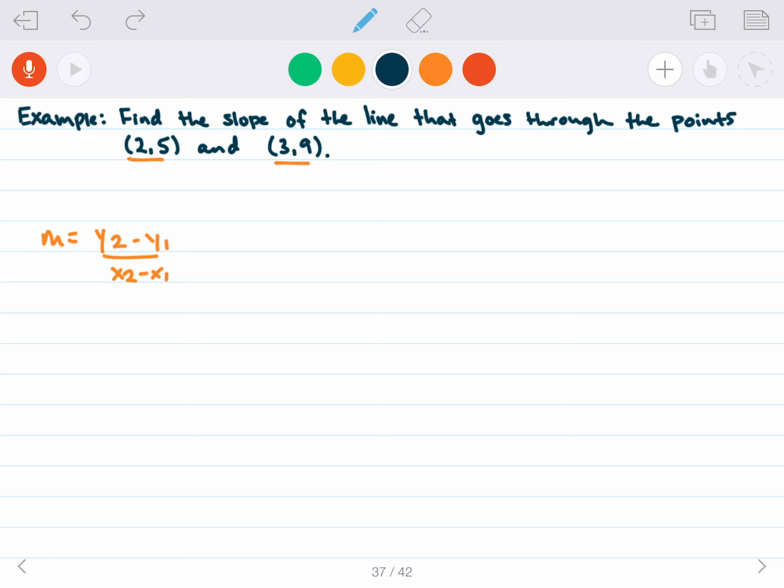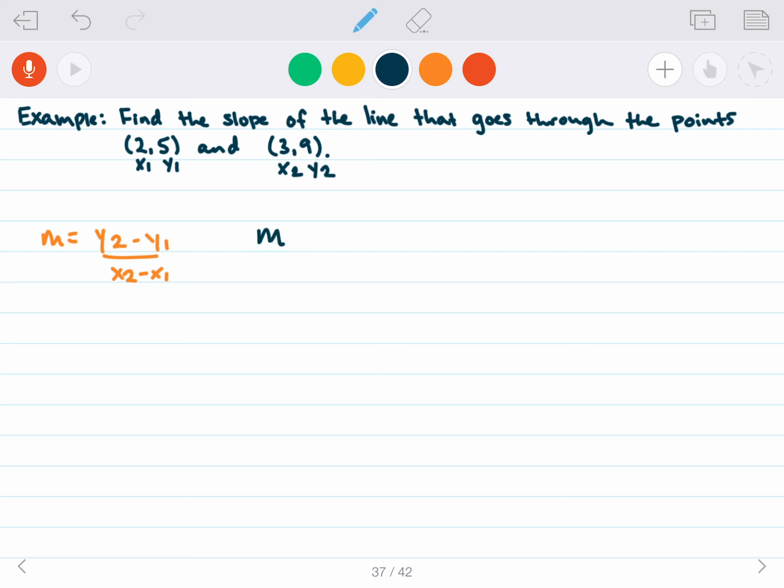It doesn't matter. I'm going to choose this one as point 1, so I'm going to call this 2 x1 and this 5 y1. That means first point. The ones mean first point. Second point is x2, y2. Okay? And all I'm going to do is plug in these numbers into this formula.